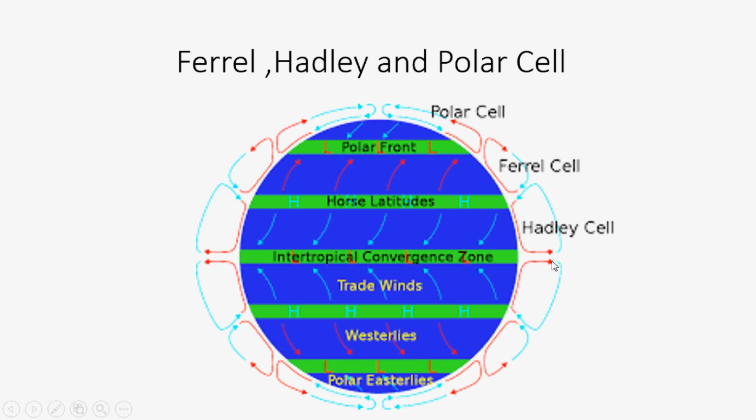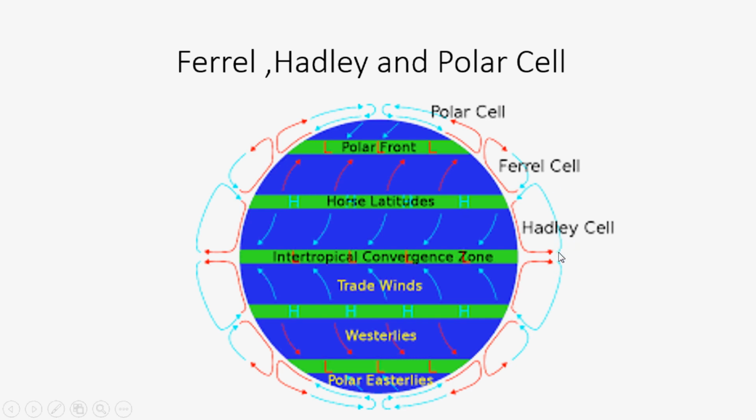Once it rises up, at a particular point it starts moving towards the high pressure region, because this is the low pressure. On the top it becomes high pressure, and once it cools down it descends and moves towards the polar side. I'm just giving you a direction: it moves towards the polar side.